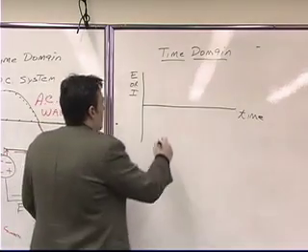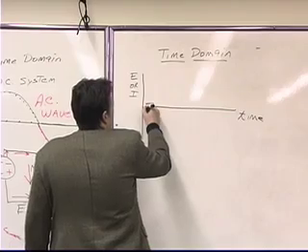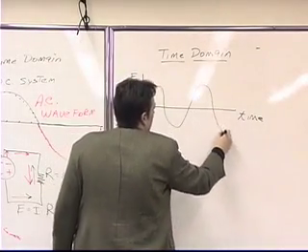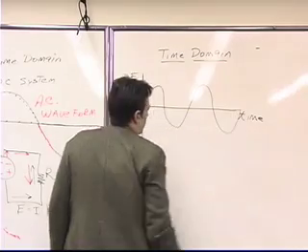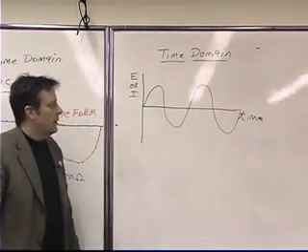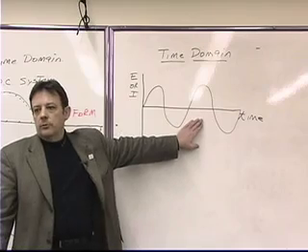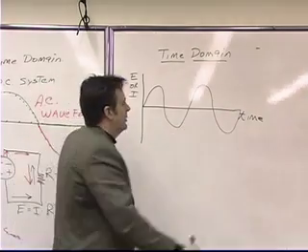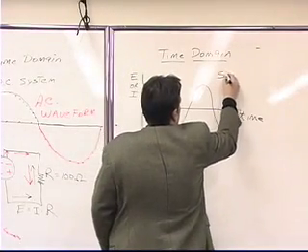So let's go ahead and draw an AC waveform. This is called a sinusoid, or a sinusoidal waveform. Or for short, sine wave.